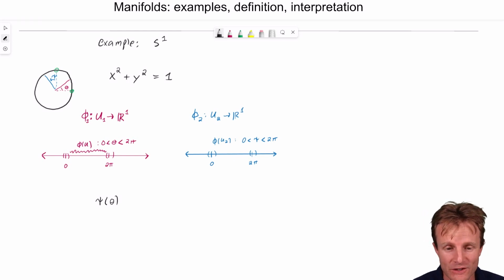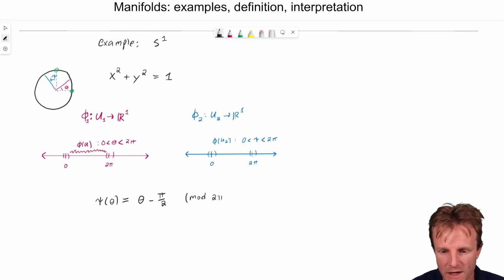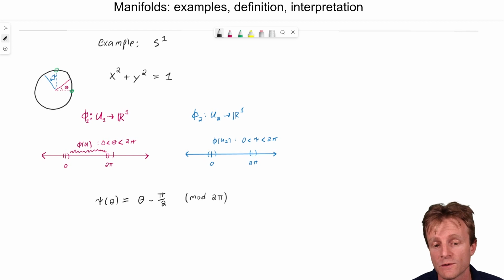Well, from the picture, psi of theta is just equal to theta minus pi over 2, where we have to do our arithmetic mod 2 pi so that the ranges line up with the canonical ranges we've chosen, 0 to 2 pi for the two coordinates. And this is manifestly a perfectly smooth map, and so we've completed the proof that S1 is a manifold.